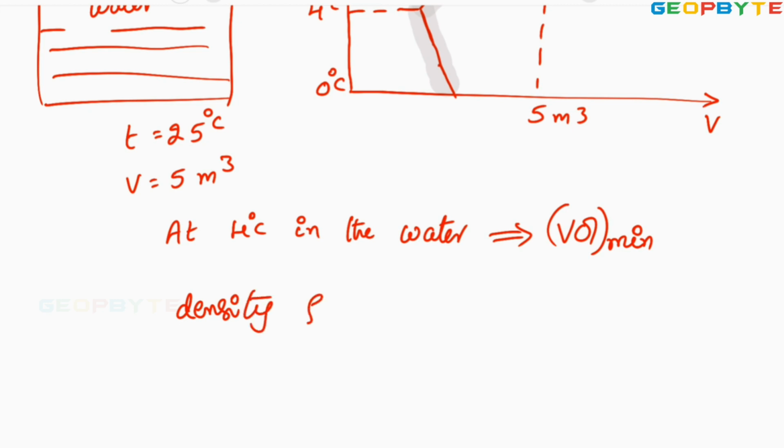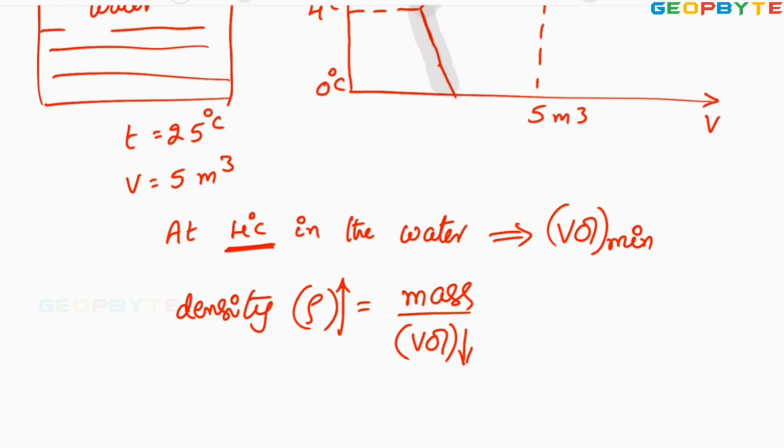The density rho is equal to the ratio between the mass of the liquid and the volume occupied by the liquid. For the same mass, since the volume is less at 4 degrees centigrade, density is high. This point is very important. Remember, water is occupying less volume at 4 degrees centigrade.